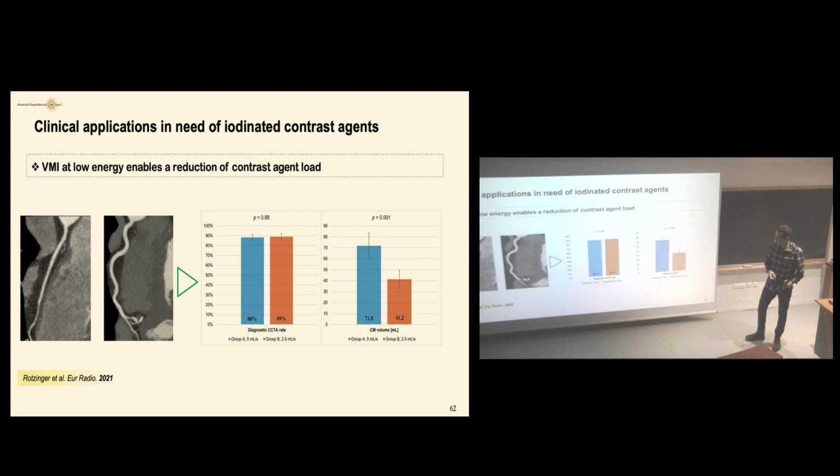The attenuation is the same in the coronary arteries. It's funny because it's the same while we decrease by 2 times the flow rate and the contrast agent volume. And this is the same because here we use conventional CT, and here on the left-hand side we use virtual monoenergetic image to increase the iodine attenuation.